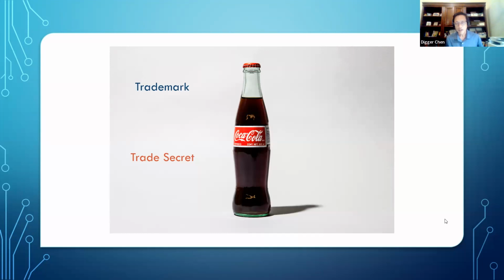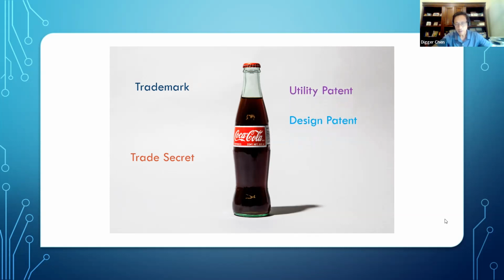There have been many experiments where people taste different Coke products and similar products, and nobody could tell which was Coca-Cola. Maybe Pepsi and Coca-Cola taste a little different, but if you buy Walmart brand Coke, you probably cannot taste the difference. But they do say they have trade secrets. That's why they protect the formula.